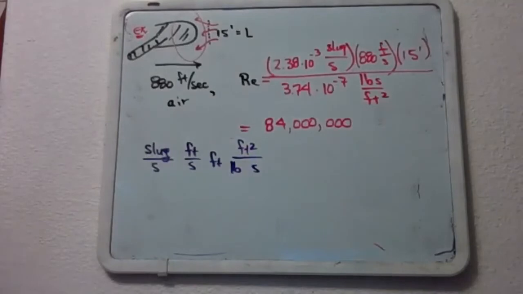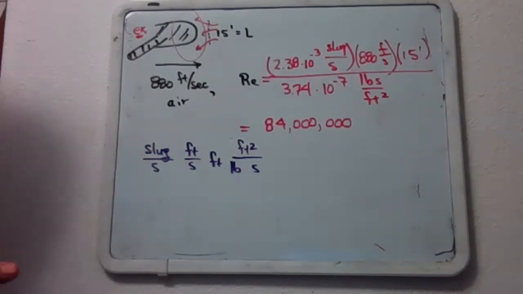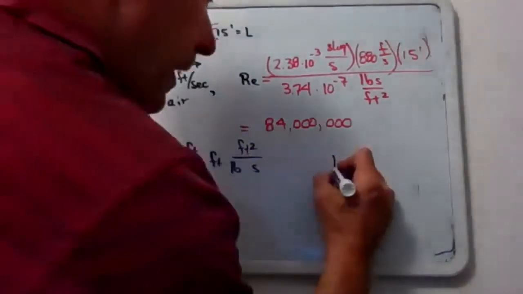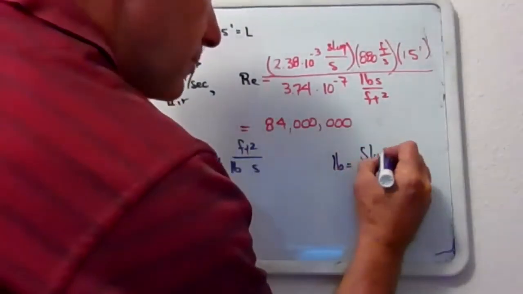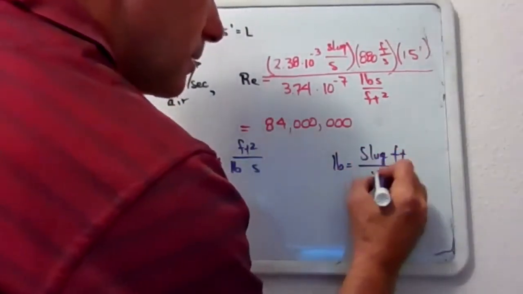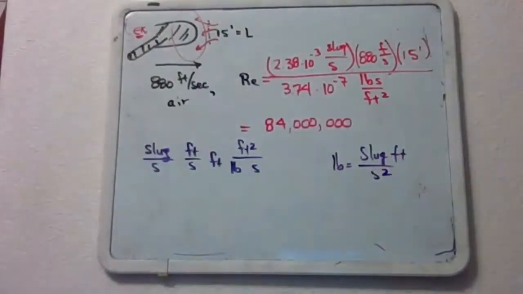Wow, that is a ton of stuff. I think what I'm going to try to do is see if I can find a pound in here, recalling that a pound is a slug foot per second squared.